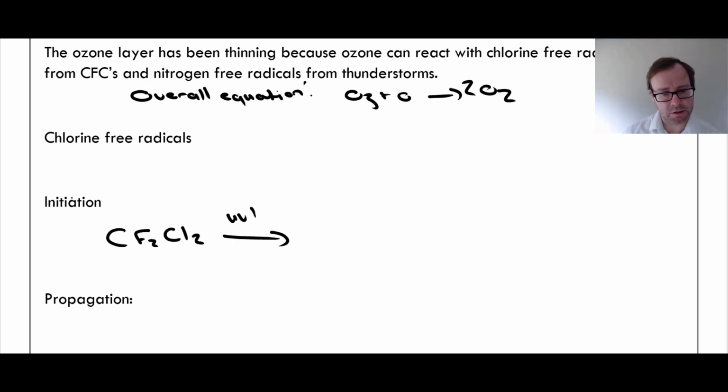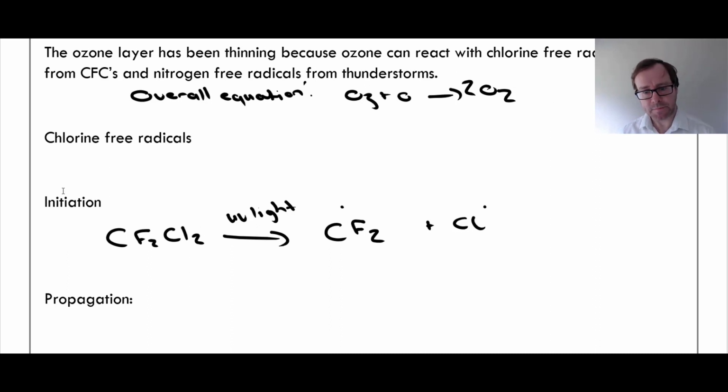I add UV light to produce two free radicals. And usually the carbon-Cl bond breaks first. If you probably remember why, because it has a lower bond enthalpy than C-F. Okay, so we have formed two free radicals via homolytic fission of this CFC.